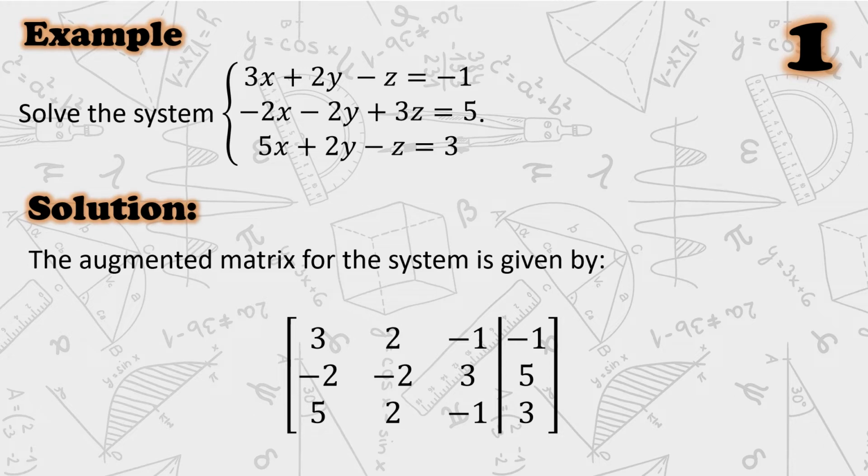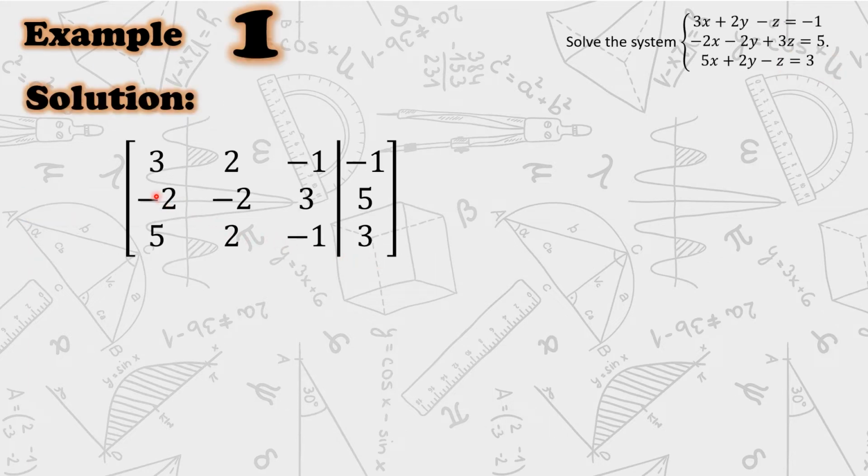For Gauss elimination, the augmented matrix is used so that both the coefficient matrix and the constant matrix can be manipulated together. From the augmented matrix form, let us have R sub 1 for row 1, R sub 2 for row 2, and R sub 3 for row 3.